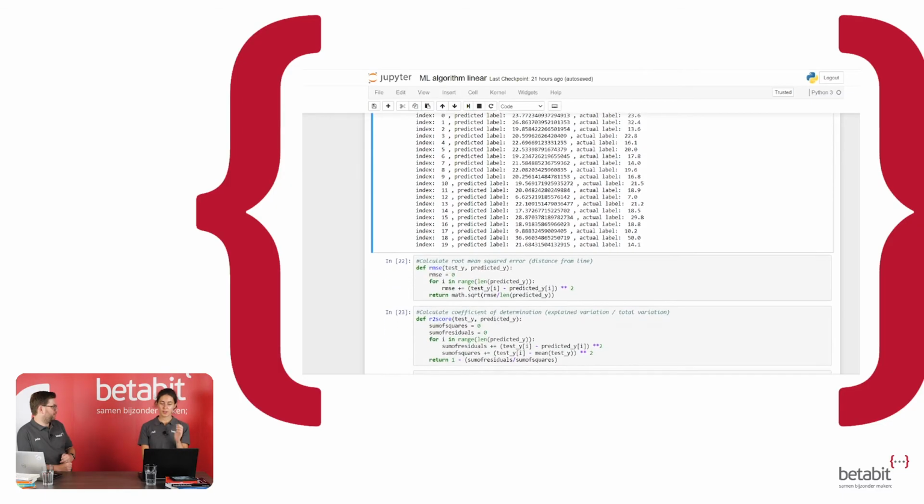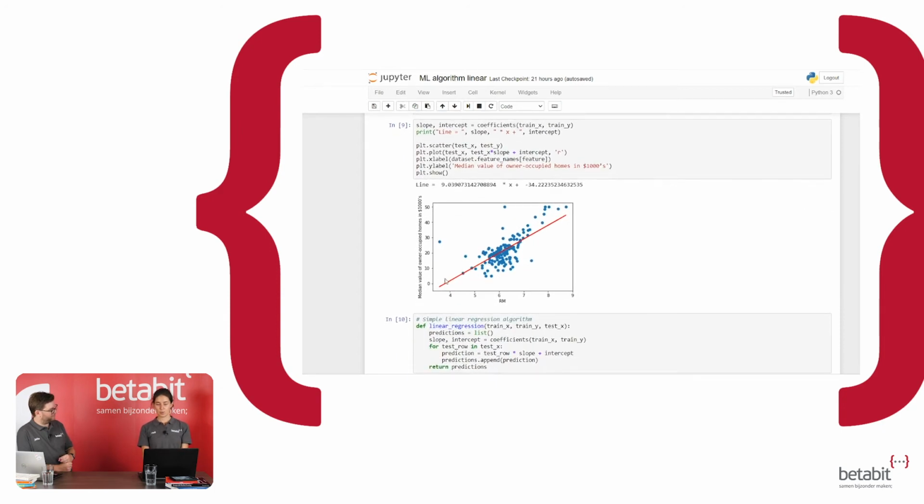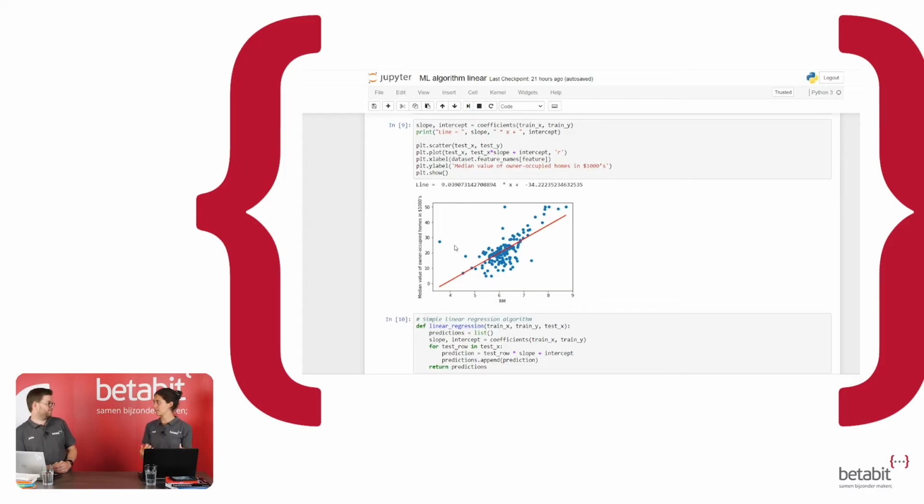For that, you can use the root mean squared error, because we talked about how, if I go back to this picture, what you're trying to get is that every dot is on the line. If that happens, your root mean squared error is 0. But it only happens in a perfect world. What we're calculating is the distance from the line, so the predicted value, to the actual value.